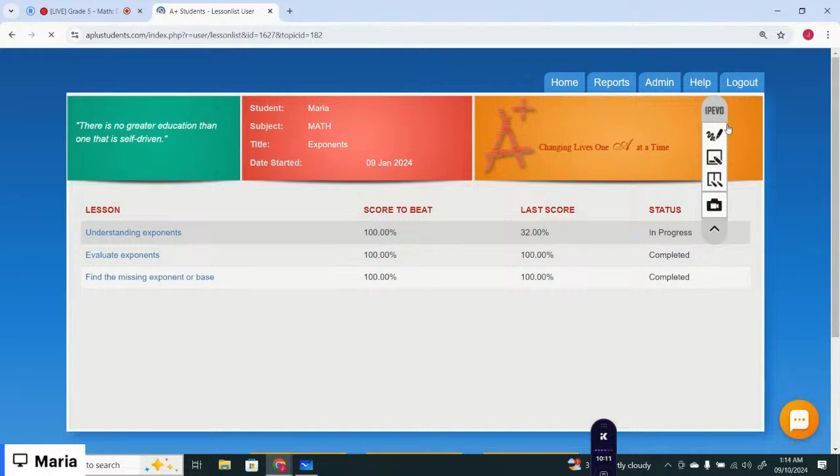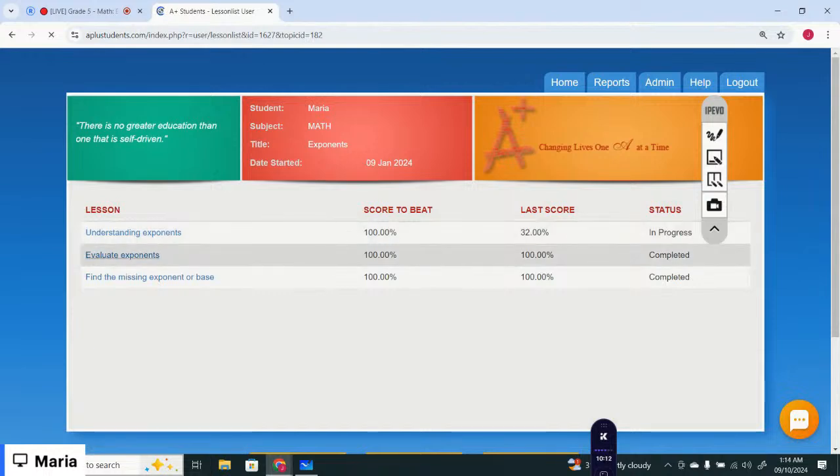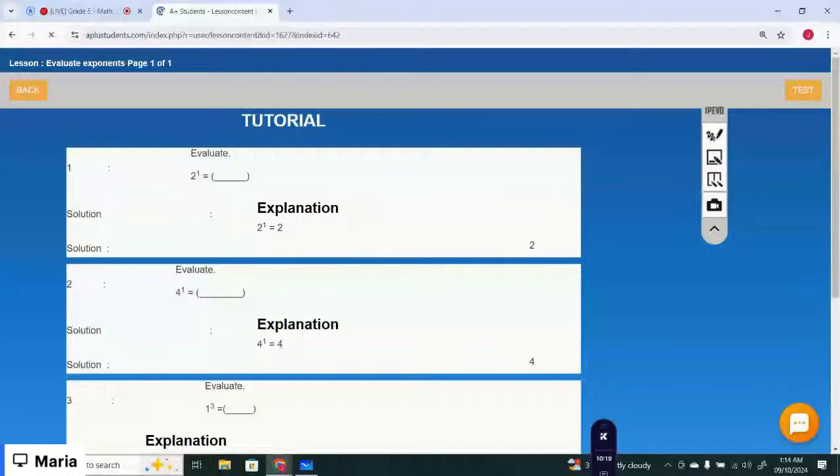Okay, the next lesson is evaluate exponents. Let's just start with the next lesson. Okay, 2 exponent 1. 2 exponent 1 equals 2, right?